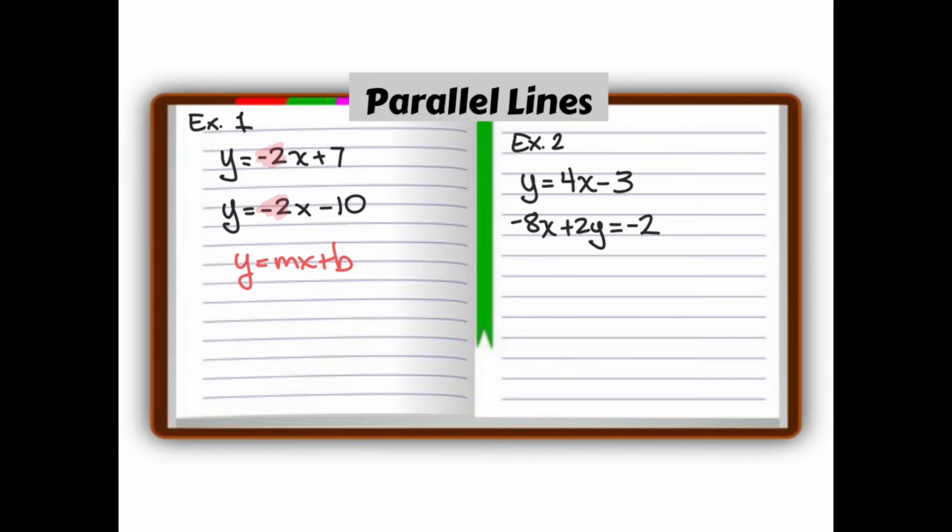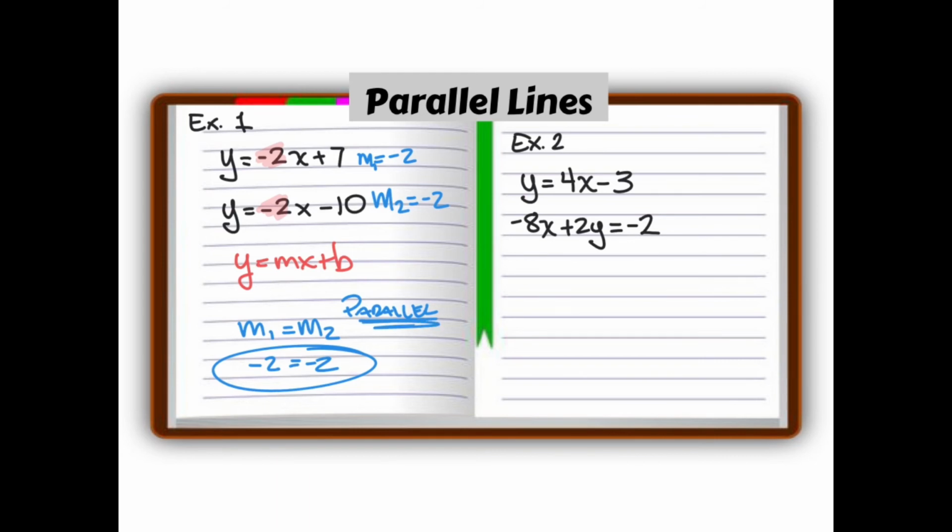So this is the way we're going to call it: M1, the slope 1, is -2. M2, the second slope, is -2. So M1 has to be equal to M2. The slope of the first one is -2, the slope of the second one is -2. They are equal, so yes, these are parallel.